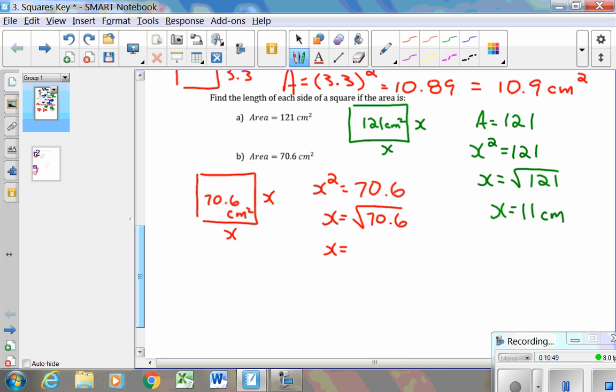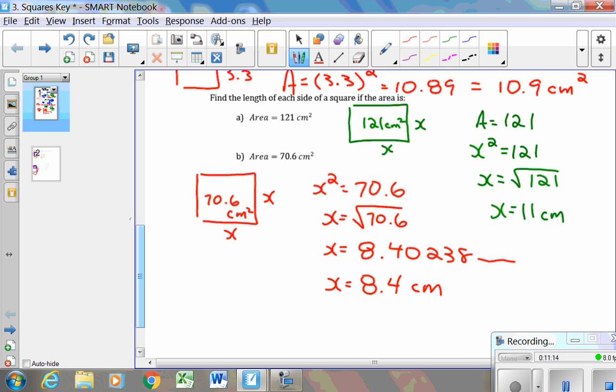If you did that on your calculator, you get 8.40238, and it just keeps on going and going. It stops on your calculator, but actually the numbers don't stop. So the same as in the previous question for B, let's just say that this is 8.4 centimeters.